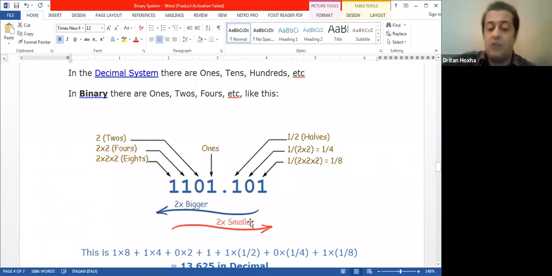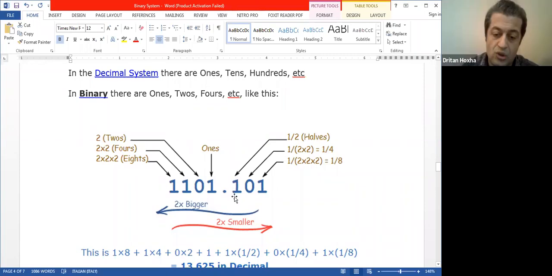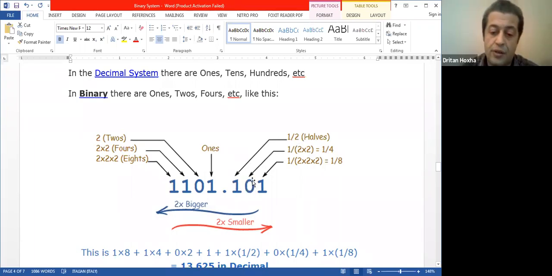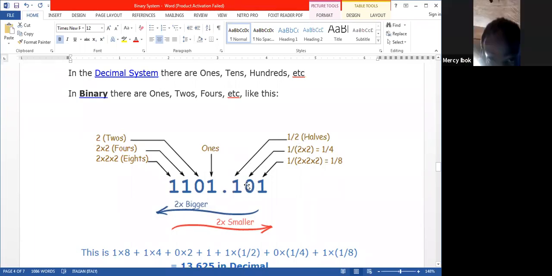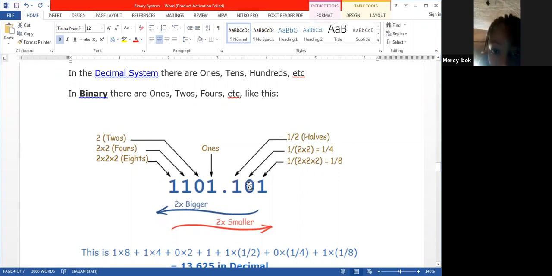But we can also write the decimal numbers using the base 2 number system. So the first position after the decimal point shows halves, 1 over 2. The second position after the decimal point shows 1/4, quarters, not halves, quarters.